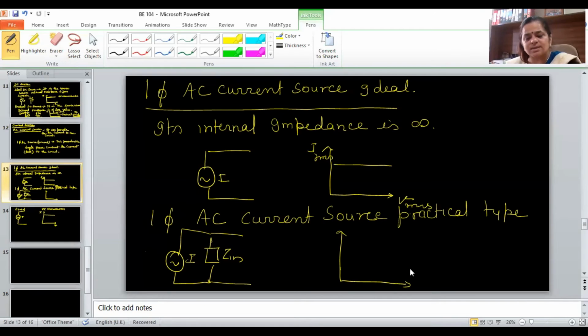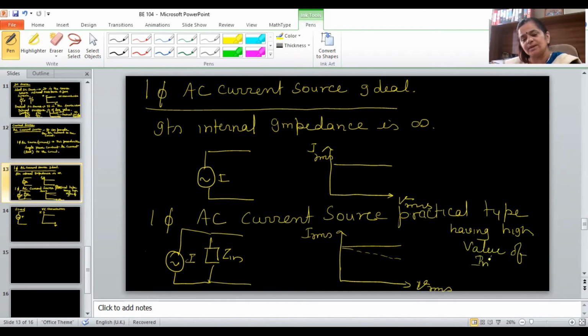If somebody is asking for its characteristic, then at the x-axis it will be Vrms, at the y-axis it will be Irms, and it will be a slightly drooping characteristic because of the internal impedance. So the practical type of source, the single phase AC current source practical type, has a high value of internal impedance.